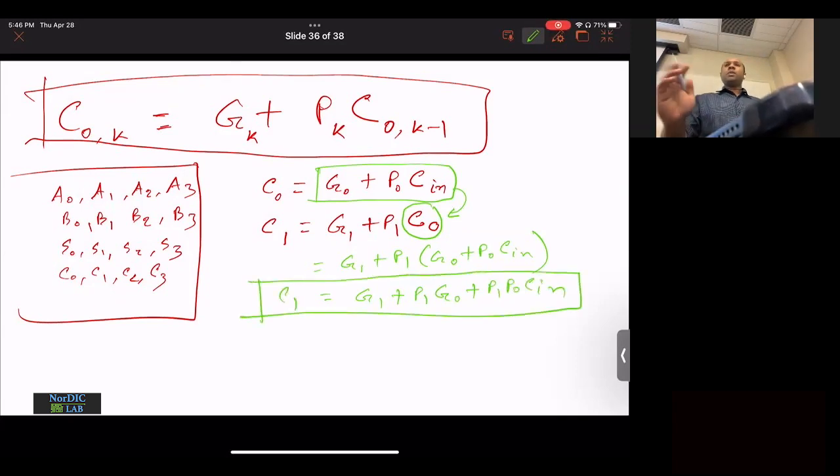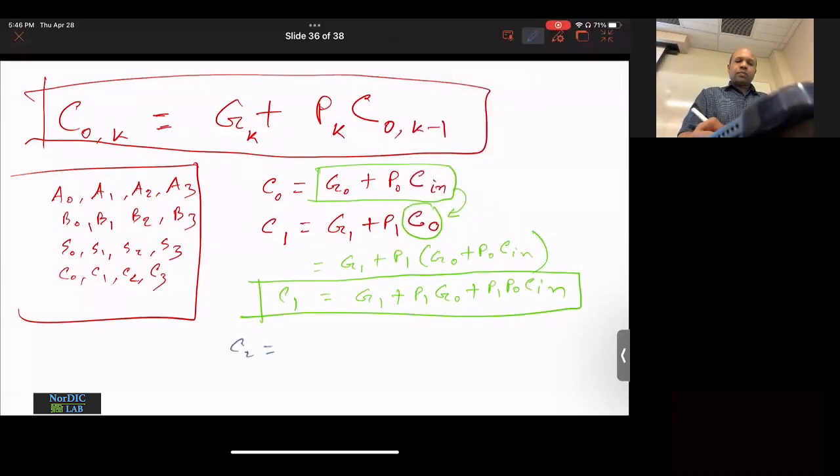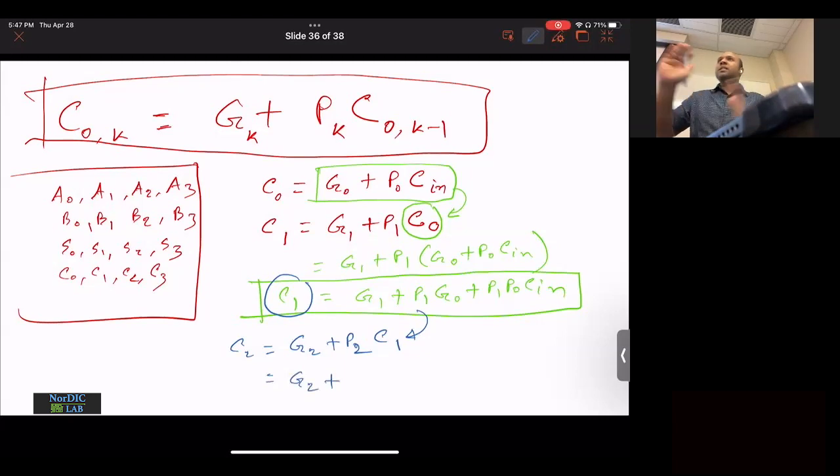Okay, any problem? Okay, let me use a different color now. Okay, what's C2? C2 would be G2 plus P2 C1. Can I replace this C1 right here? Can I do that? Okay, so if I do that, I'll get G2 plus, let me just actually multiply this, okay, to save time.